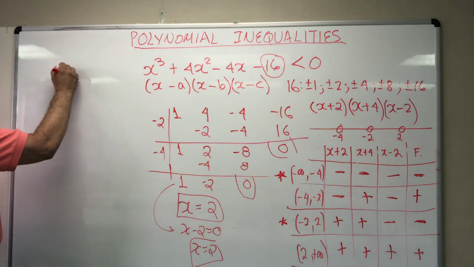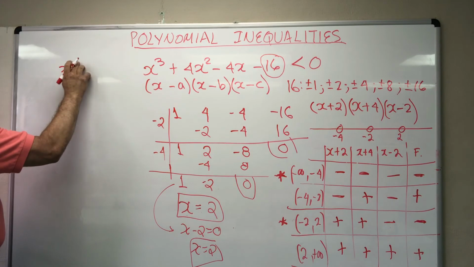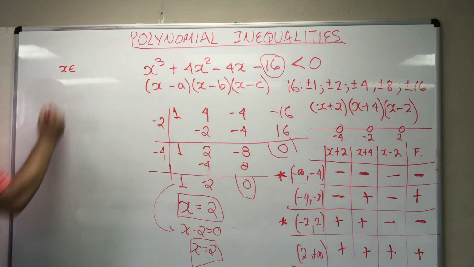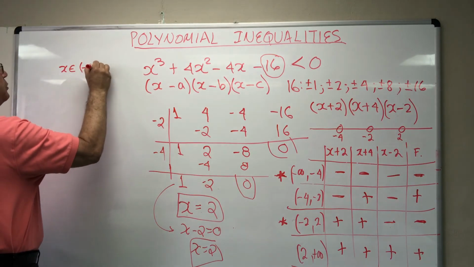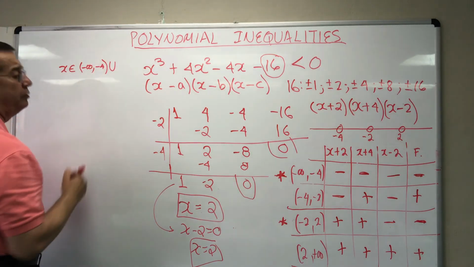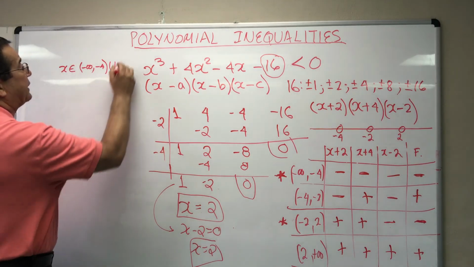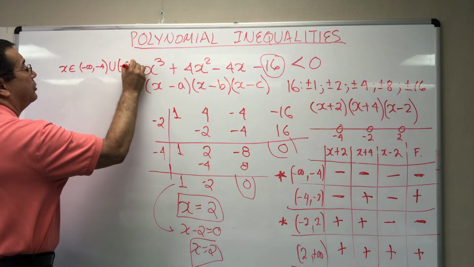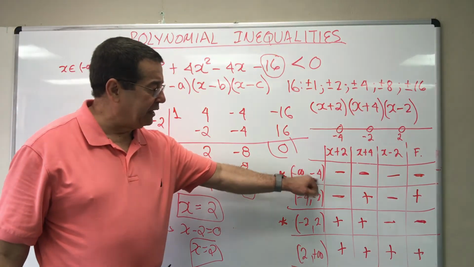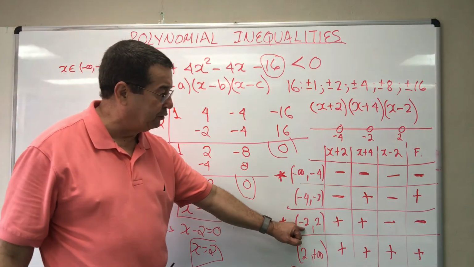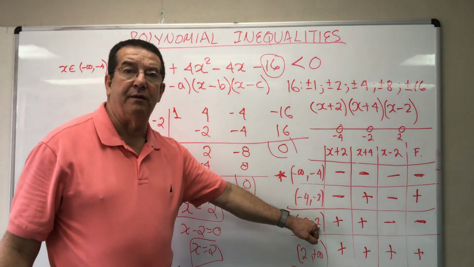Here, my solution is x in negative infinity to negative 4, union negative 2 to 2. That's the solution. This is my solution.